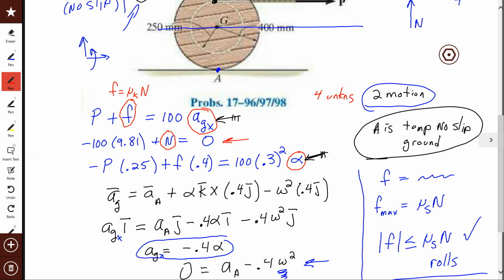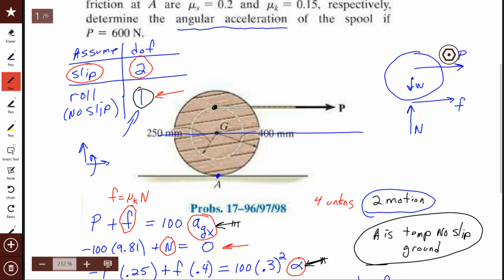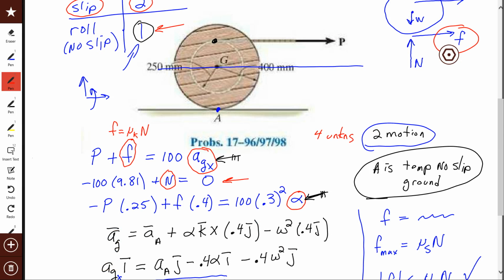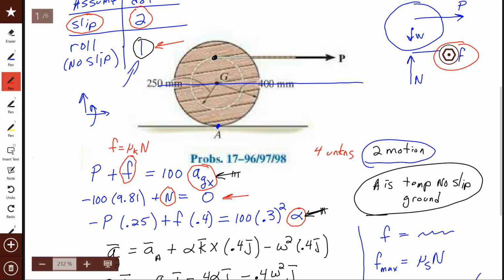The only thing you'd have to worry about is whether your friction was plus or negative, and that would tell you whether or not you drew the friction force correctly. So you just make sure that you have it pointing in the correct direction, because now you know the number for it. So just pay attention to that.